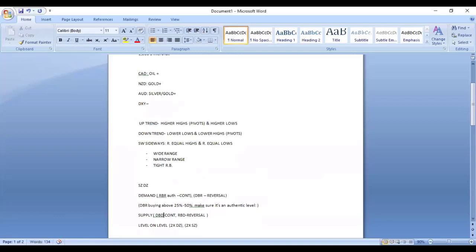A drop-based drop will always be an authentic level. Reversal patterns, unless it's at the highest pivot, will be fresh, whether it's in supply or in demand. That's going to be fresh.